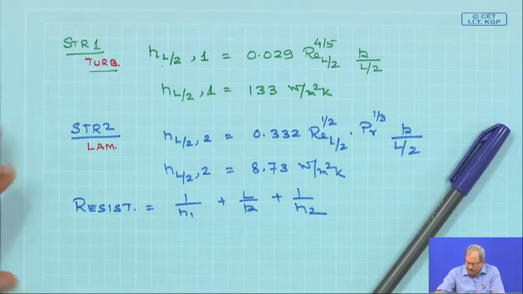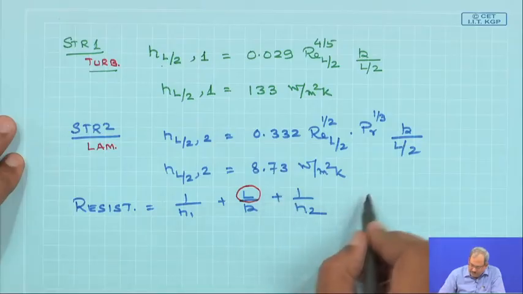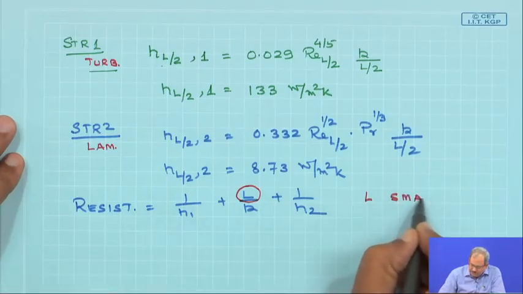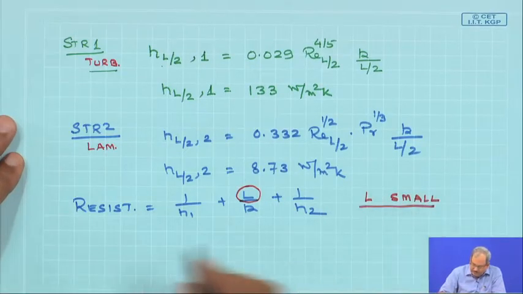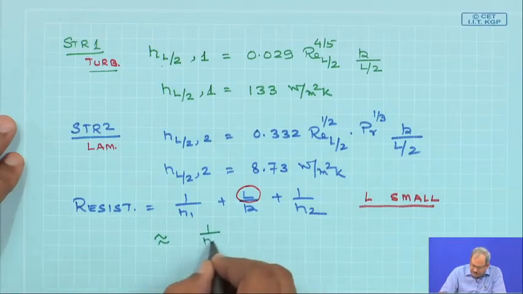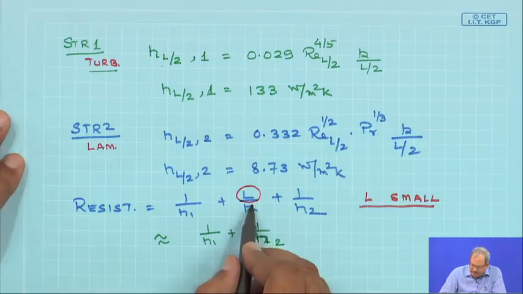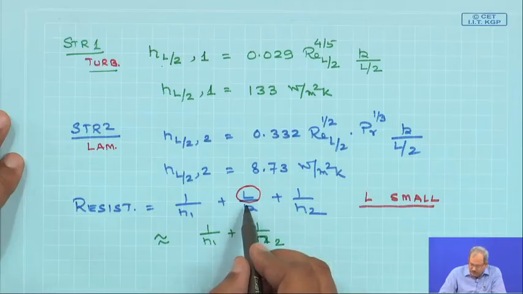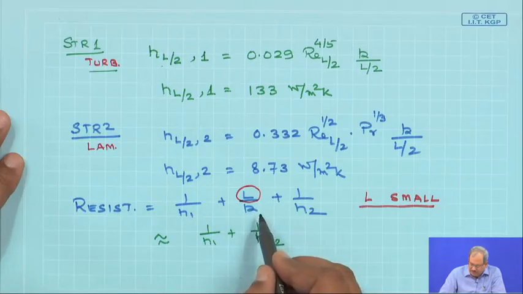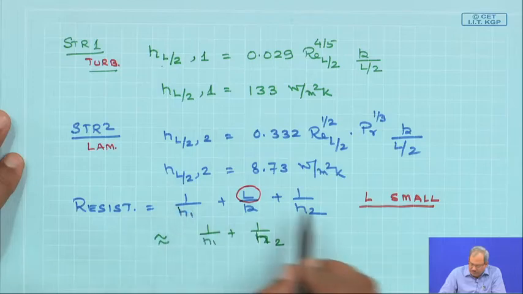Now, it has been mentioned that this is a thin plate. So, the value of L is very small. If the value of L is small, then the resistance can be equated as 1 by H1 plus 1 by H2. That means I am neglecting the conductive heat transfer resistance, since the solid plate, which presumably would have a high value of thermal conductivity, is small in comparison to 1 by H1 and 1 by H2.